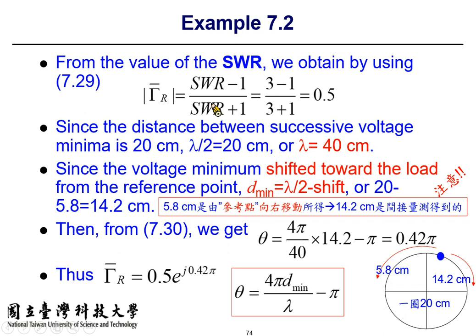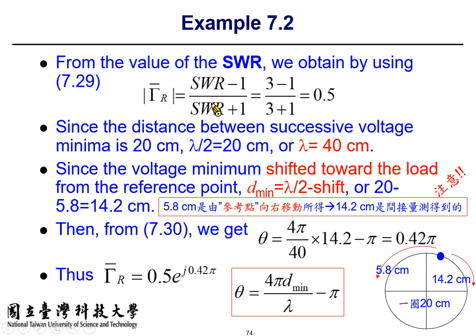So in other words, you move 5.8 centimeters counterclockwise to reach the voltage minimum location. And because the distance of one circle, which is half a wavelength, is 20 centimeters, the actual d minimum you have is 14.2 centimeters.